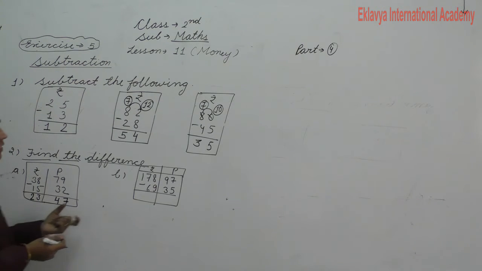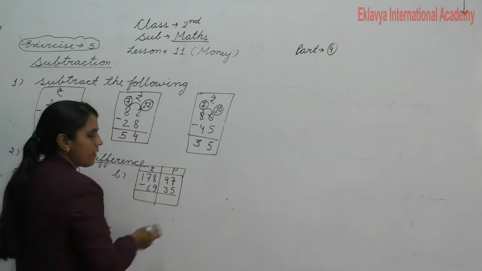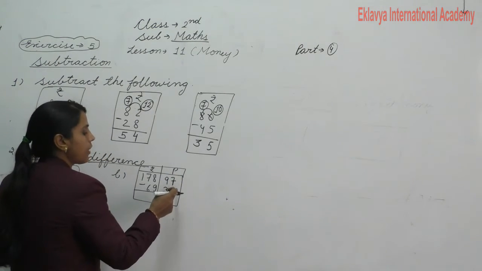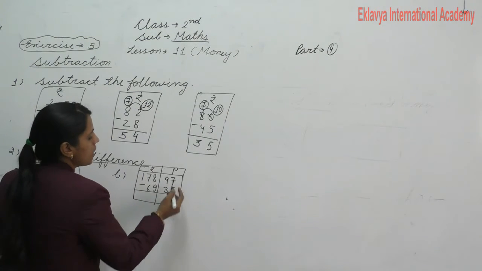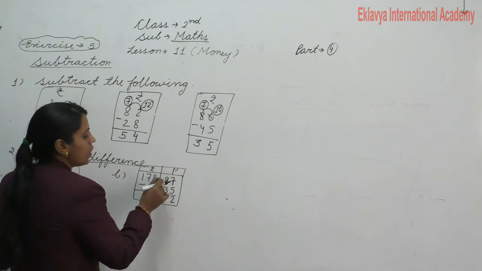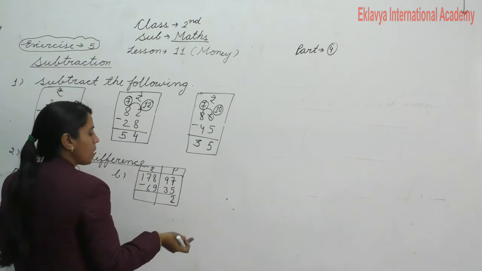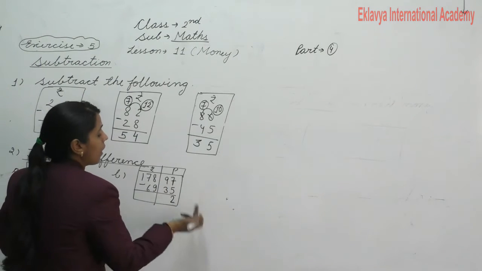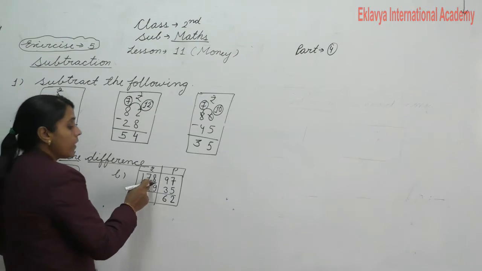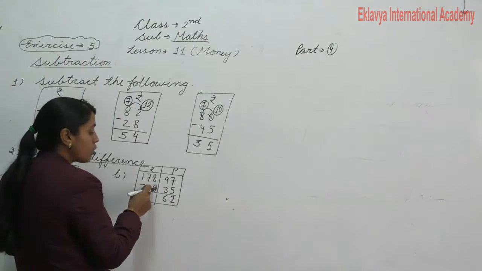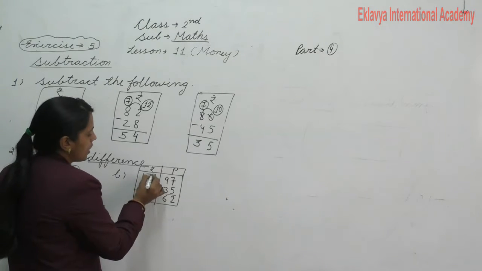Now we will take the next part. Suppose you have 7 rupees. You want to spend 5 rupees from 7. You can spend easily. So now you have 2 rupees. You have 9 rupees. If you want to spend 3 rupees from 9, you can spend. Now you have 6 rupees. Next, you have 8 rupees, and if you want to spend 9 rupees, can you spend? No. In this situation, we will go near the neighbor.